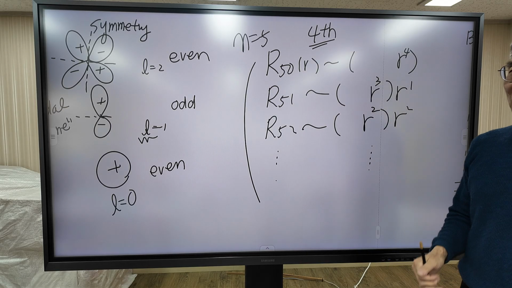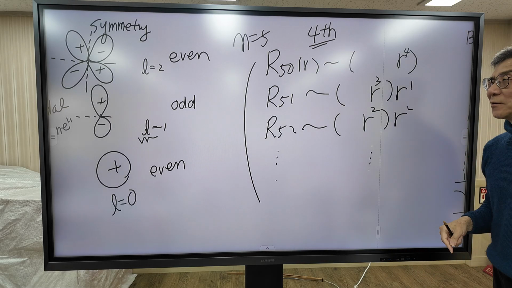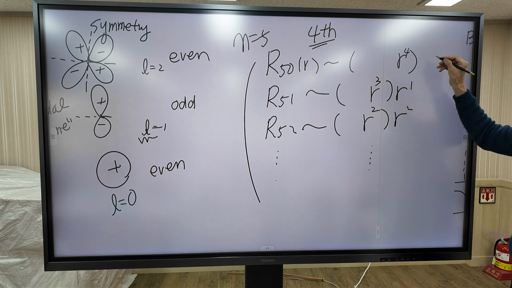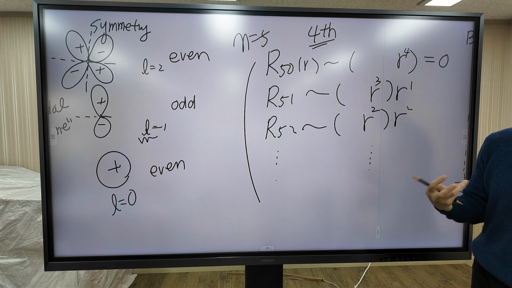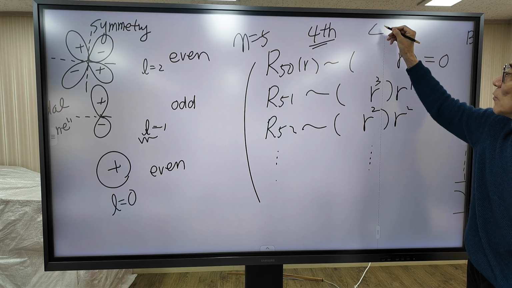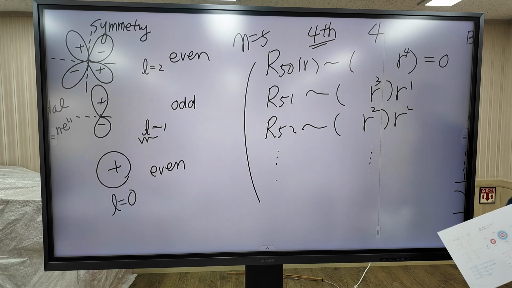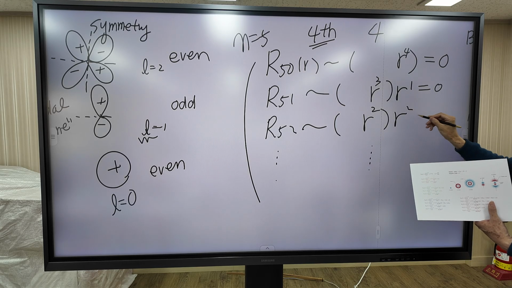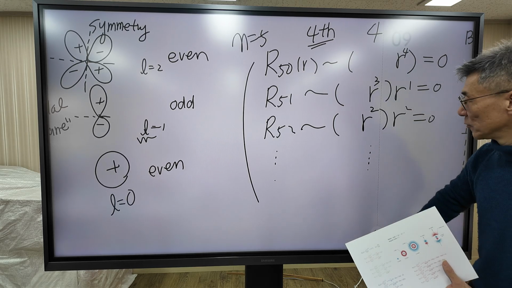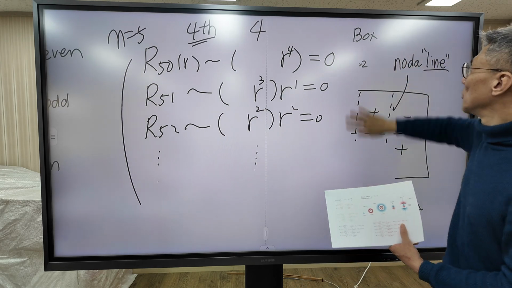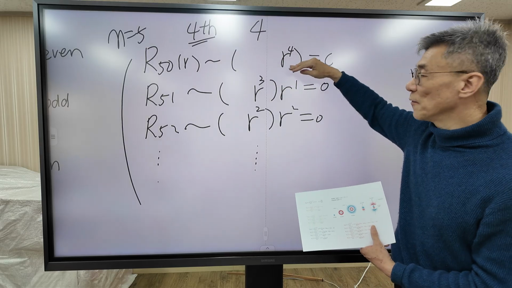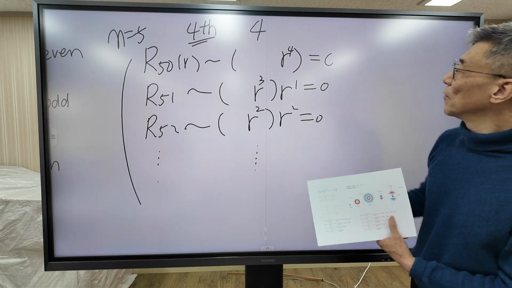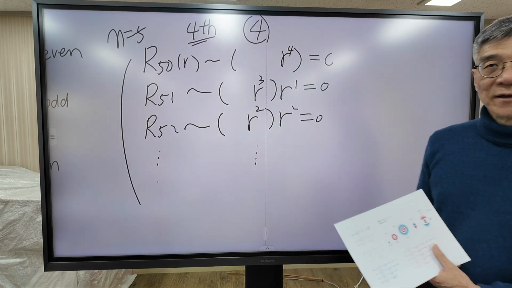Then according to the definition of node, the nodal point is the point where the wave function becomes 0. When you solve this equation, how many roots are obtained? 4 solutions you obtain, right? To obtain nodal points, you are going to solve this equation, but all the functions are fourth power, so we obtain 4 solutions, right?